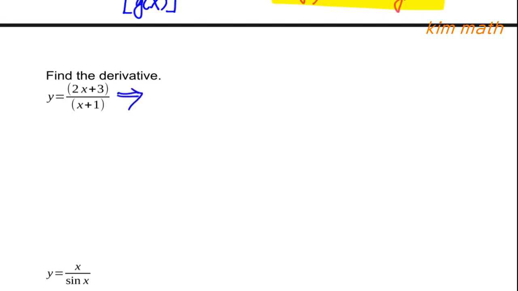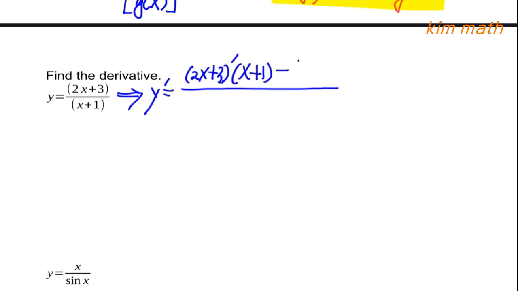Here, y is 2x plus 3 over x plus 1. Now, let me copy y prime. So f prime, so 2x plus 3 prime times g of x, minus f and g prime, good, over g squared.